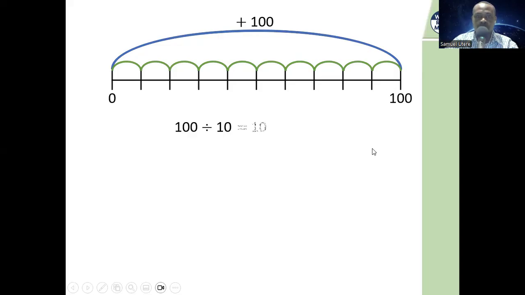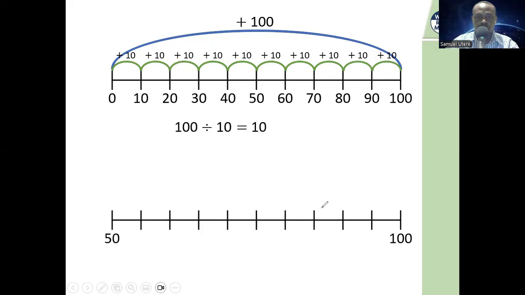So now we know that each interval is worth 10. So if each interval is worth 10, then all we need to do if we want to complete this is to add 10 each time. So if we add 10 each time, our number line becomes this.